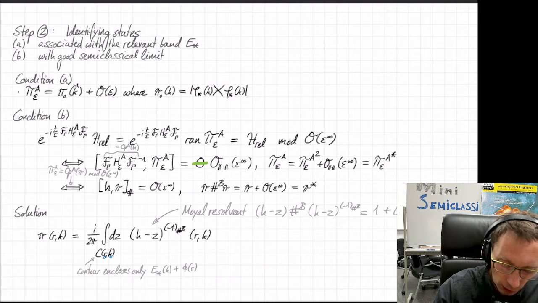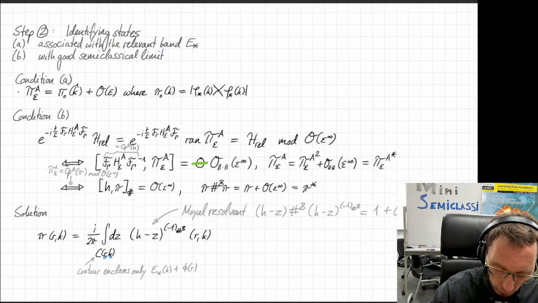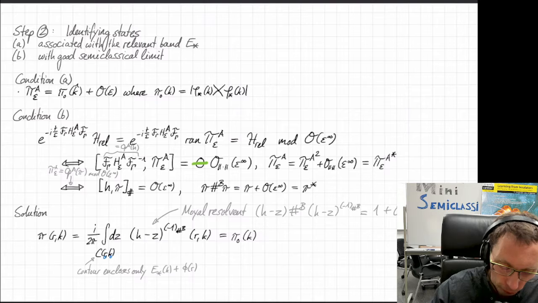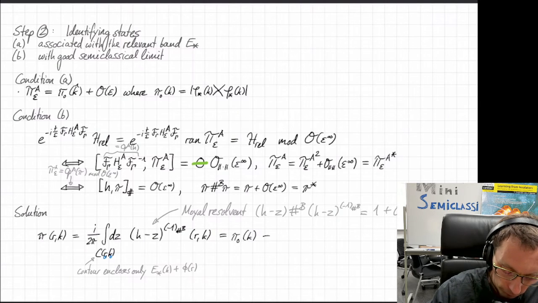And this can be constructed order by order, perturbatively, and not surprisingly, the 0th order is just a projection onto the relevant band of the unperturbed operator, and then of course we have further corrections.